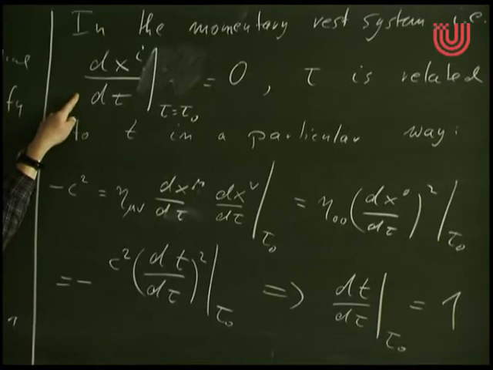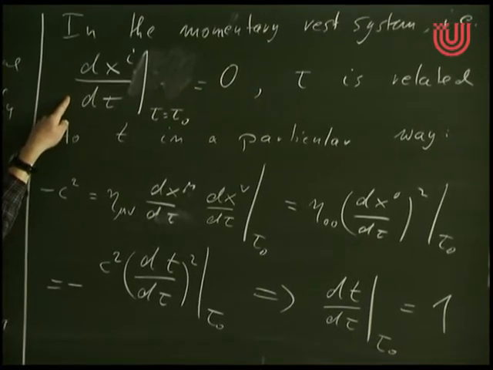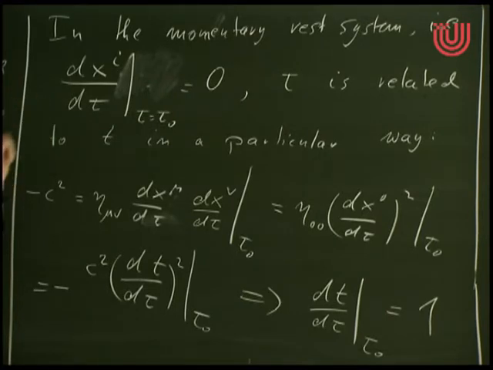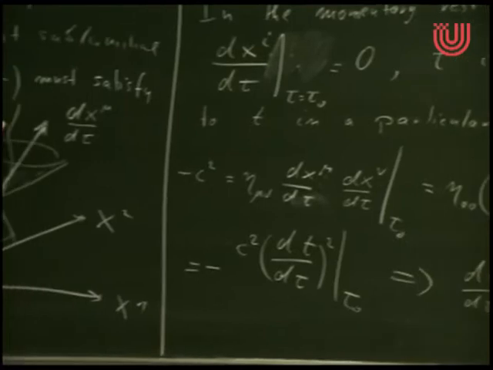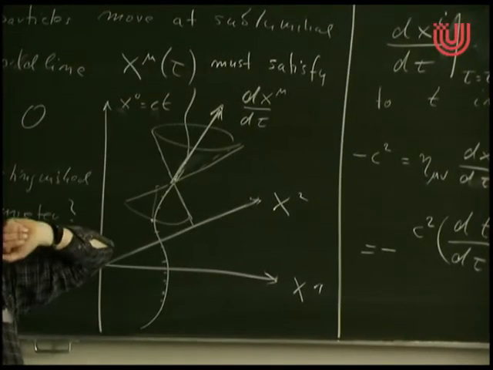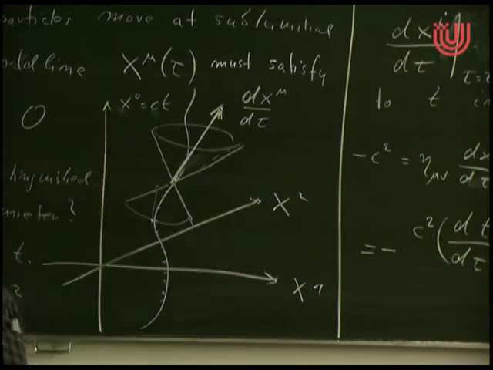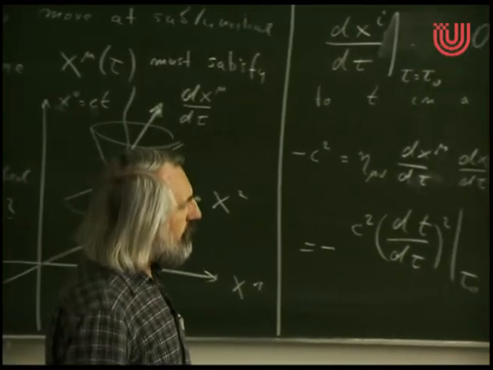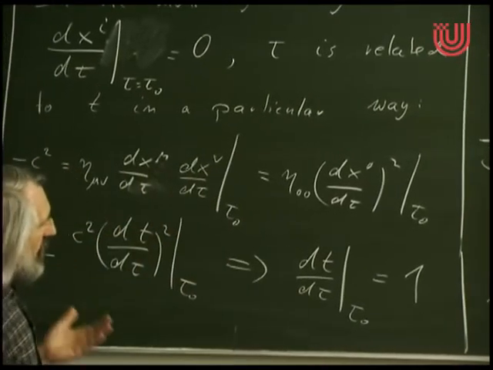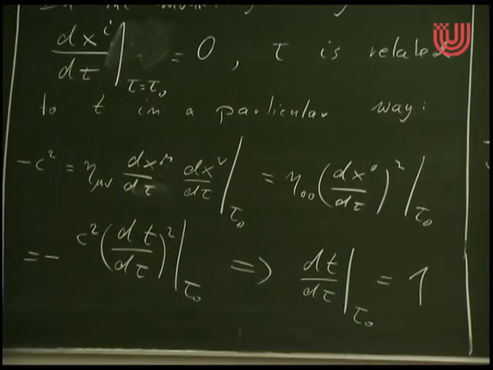So tau is a time which is associated with an inertial system in which the particle is momentarily at rest. If the particle is always at rest, if it's just a straight line, then t would be the same as tau. But if it moves in an accelerated way, then I have to do it for every event individually.